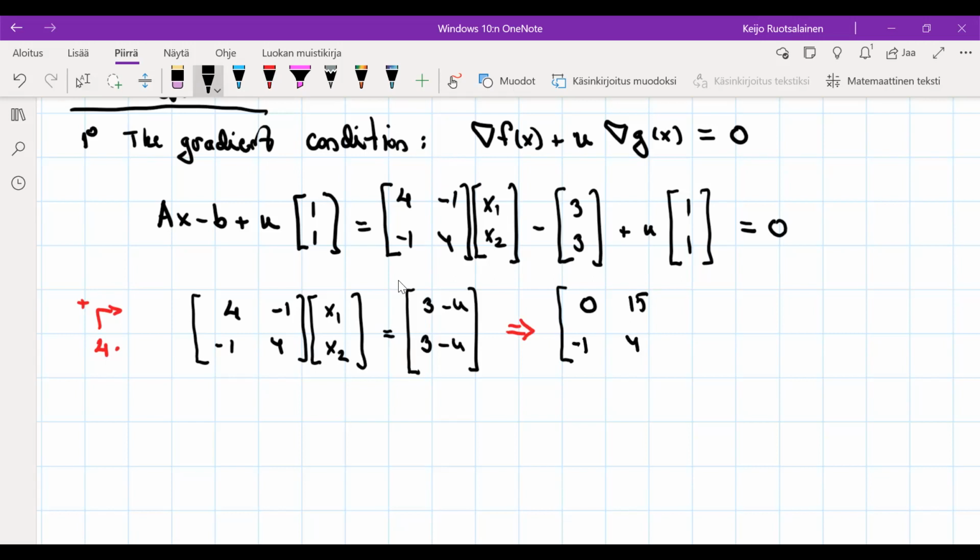The first row remains untouched. On the right hand side, I have 12 plus 3, it's 15, and minus 5 times u. The second component is 3 minus u.